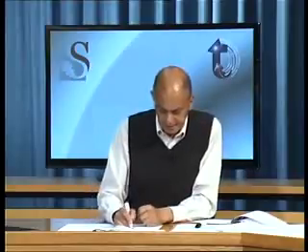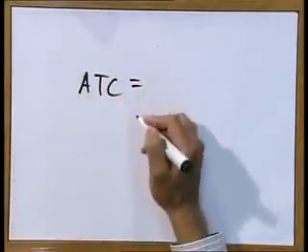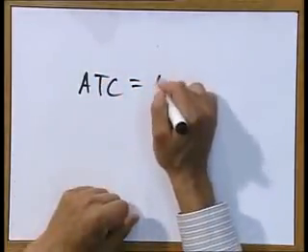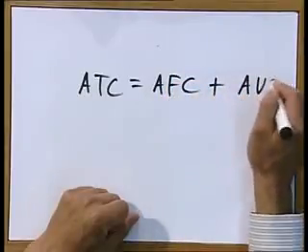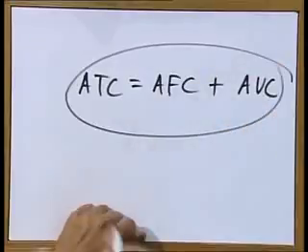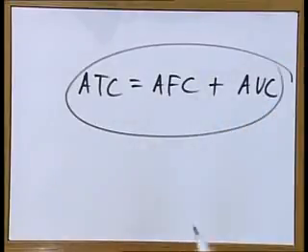There's an alternative way of calculating ATC, which is that your ATC will be your AFC plus your AVC. This is an alternative way of calculating your ATC.